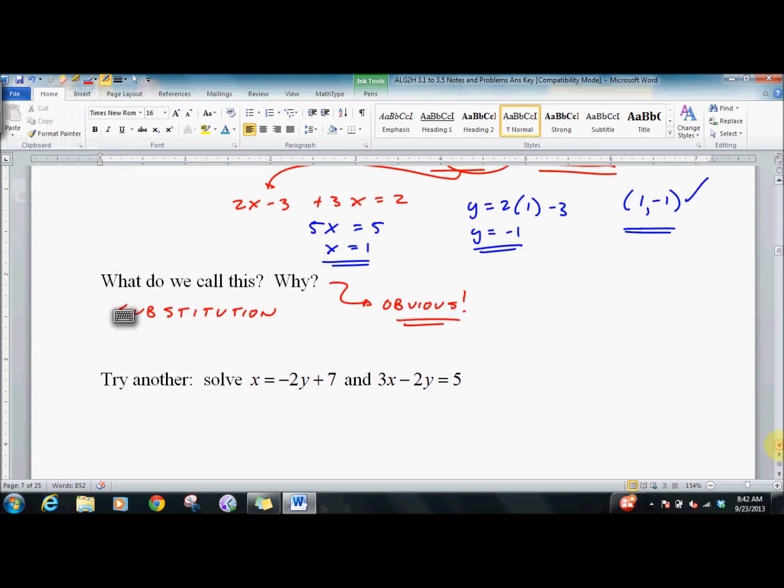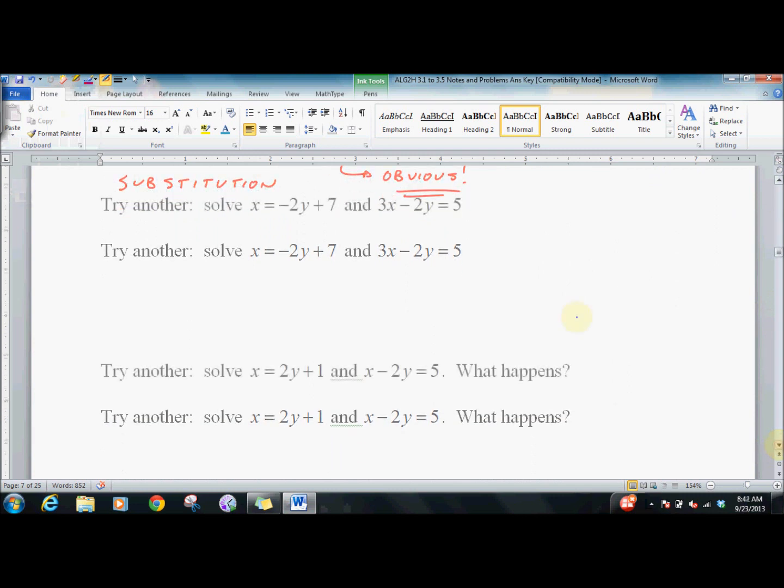Here's another one for you to try. Hit pause if you want to try it on your own. So here I go. I'm going to solve it.